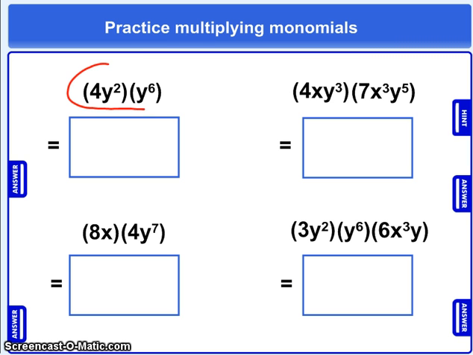4y squared times y to the 6th. Again, focus on your coefficients. You have a 4 in the first term, and in the second term there is no coefficient with that y to the 6th, but hopefully you remember at this point that you can always put a 1 in front if there is nothing given to you. So now focus on your 4 times 1.